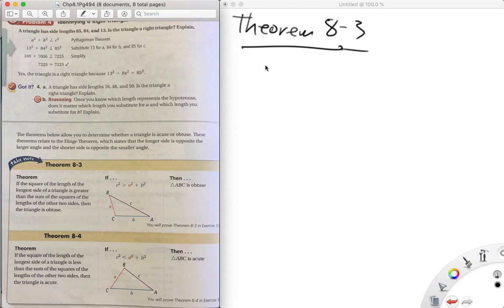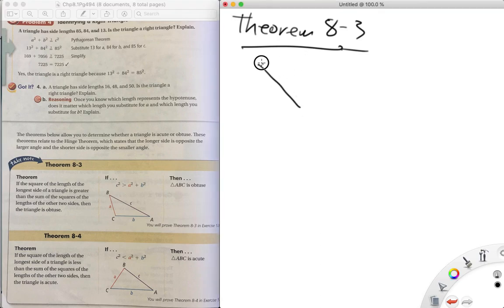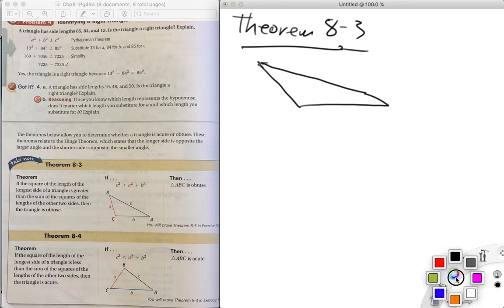So if we have a triangle, and it's not a right triangle, the largest side, we'll call it C. The smallest side, we'll call it A. And the second smallest side, or second largest, depending on your point of view, is B.